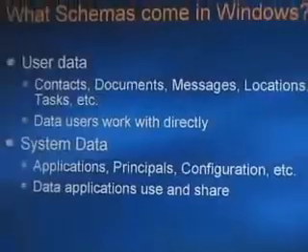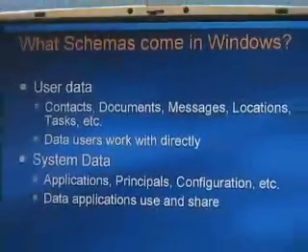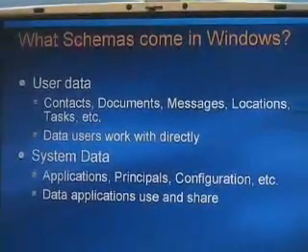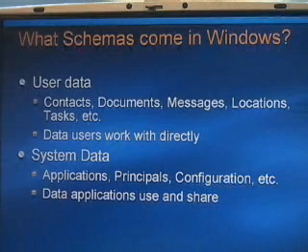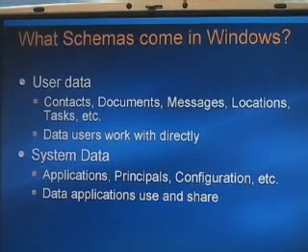Another way to think about schemas is to look at what schemas will actually come with Windows in the Longhorn timeframe. You can think of these under two general headings. Firstly, there's the idea of user data, and these are schemas that are to do with things that users work with directly. So these are things like contacts, documents, messages, locations, and so on. And secondly, there is this idea of system data.